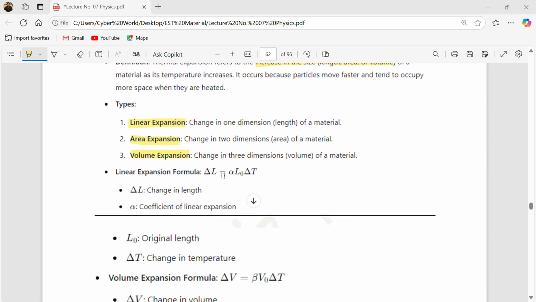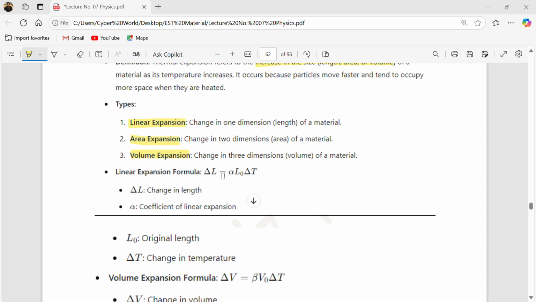So there are some formulas relevant to the linear expansion formula, and there is another formula for volume expansion. What is the linear expansion formula? In linear expansion, your length gets changed.